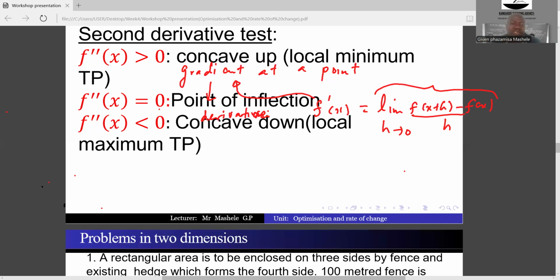So it means that in calculus, once you say f prime x, or you say dy over dx, you are talking about a gradient function. You are determining a gradient function at a point. And what does this mean? Let's say we have a function or a curve.